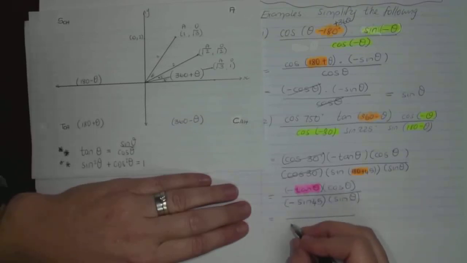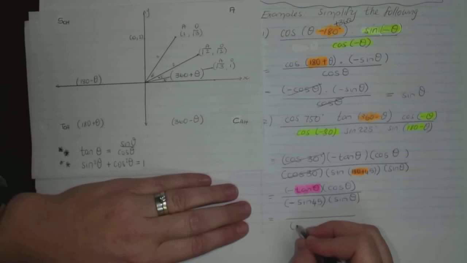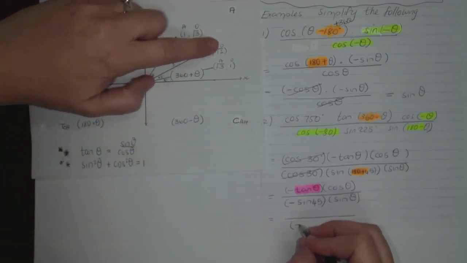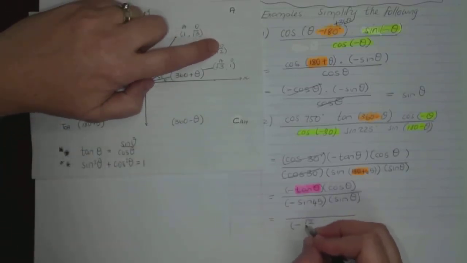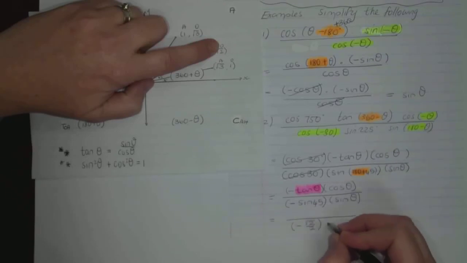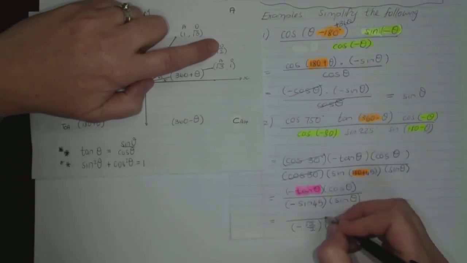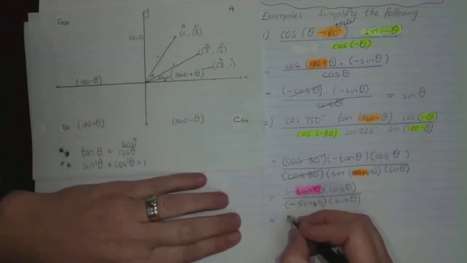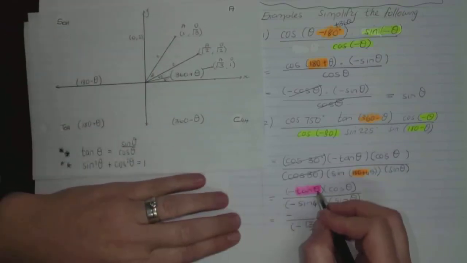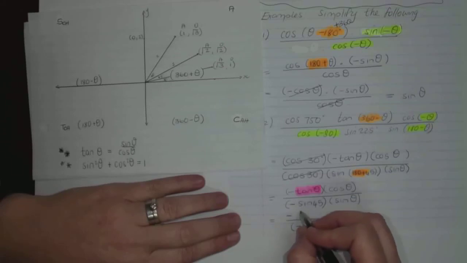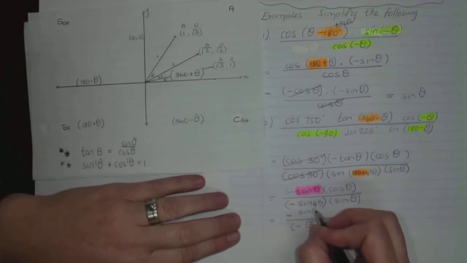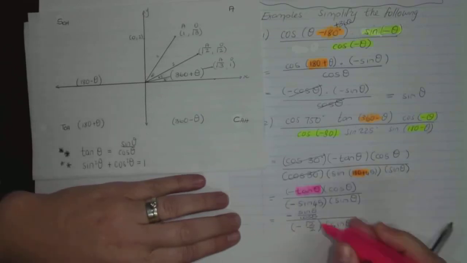So negative sine 45 at the bottom will be negative square root 2 over 2. I will have sine theta next to it. I will have negative tan theta, which I can write as sine theta over cos theta.